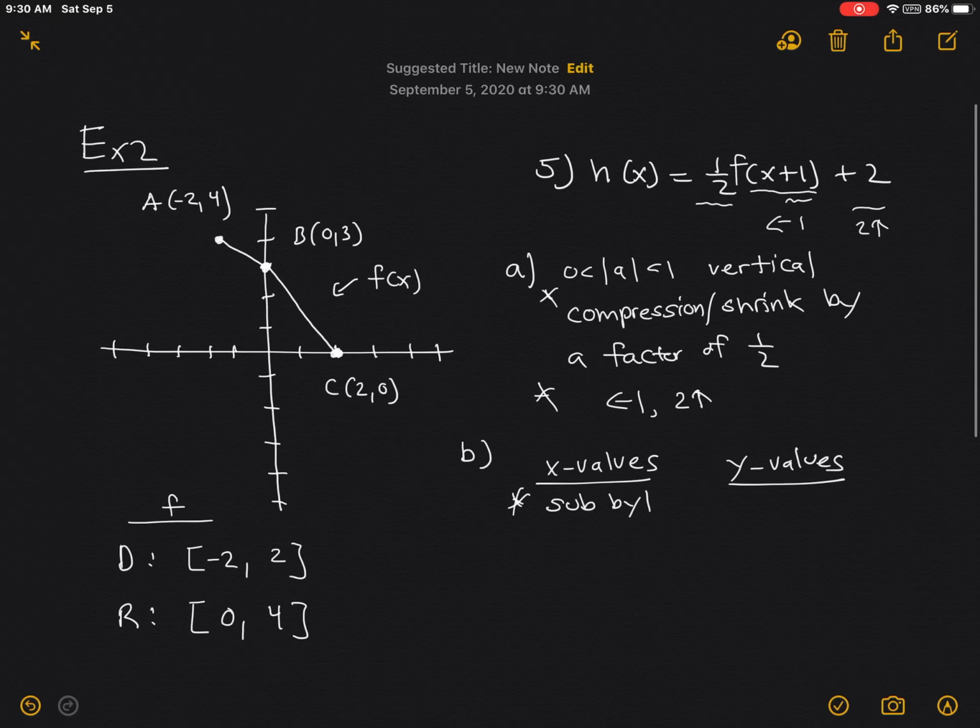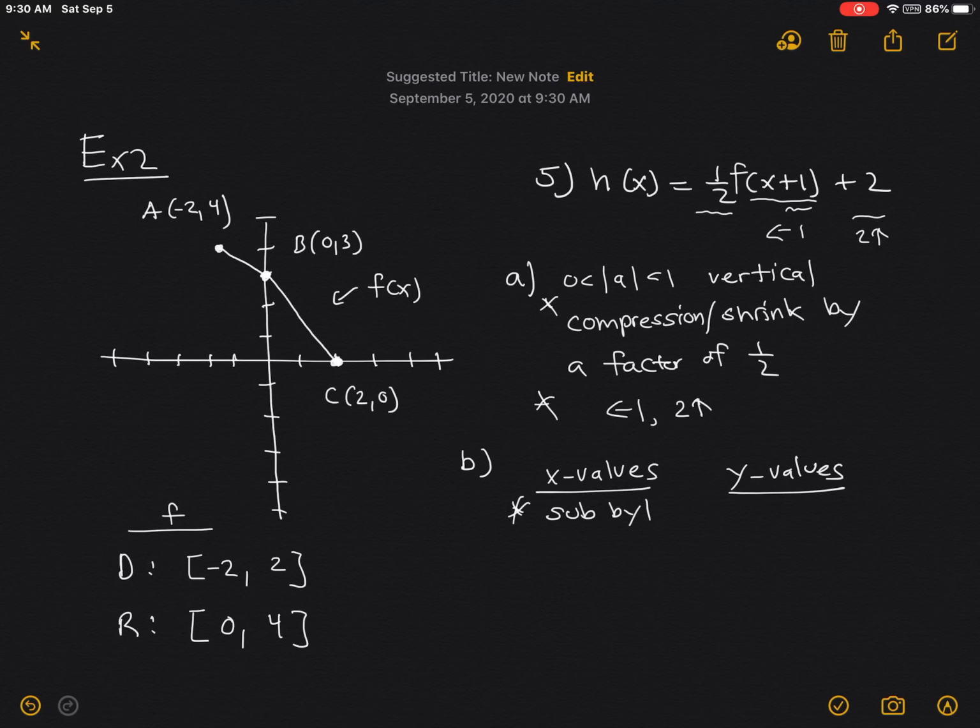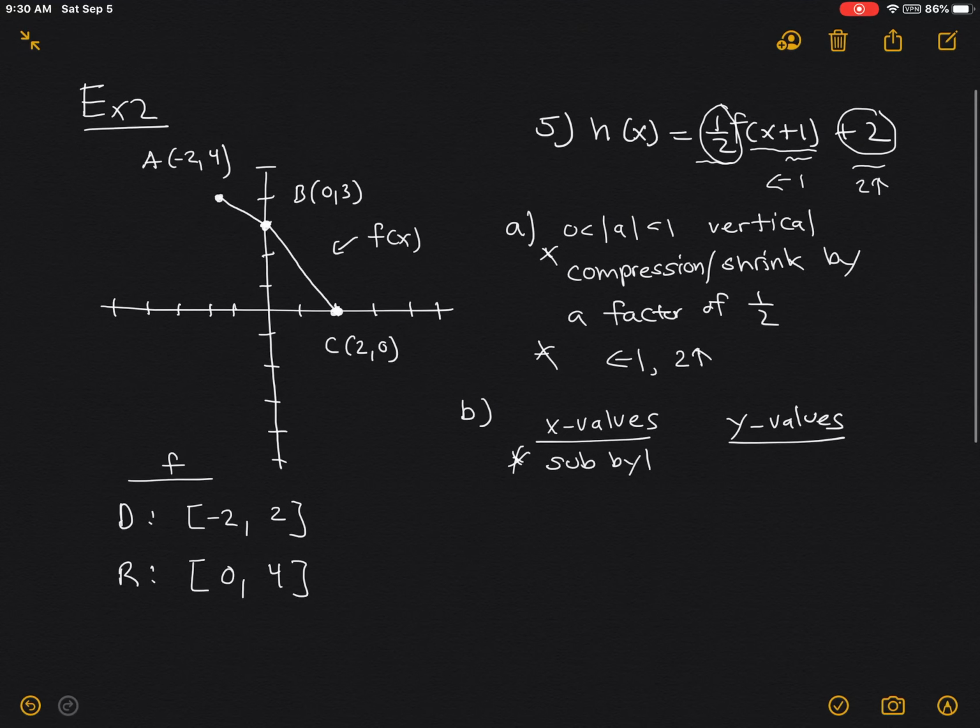And the way you figure out what to do with the y values is you take a look on the outside. This guy right here changes the size of the graph. This guy right here shifts it 2 units up, right? And so remember, if you have a number out here, if you look at the coordinate rule in the notes I gave you, you basically take your y value, multiply by a, right?